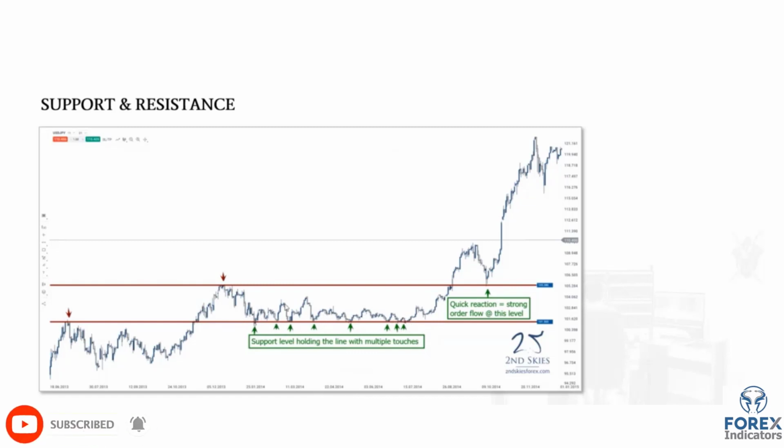As you can see, there are many bounces in this area until finally bulls came in and said, okay, it's enough, we're taking this higher, clearing this resistance. And you can see again what's happening: printing a new higher high, price pulls back all the way to this previous resistance, which now acts as support, which is a role reversal level.